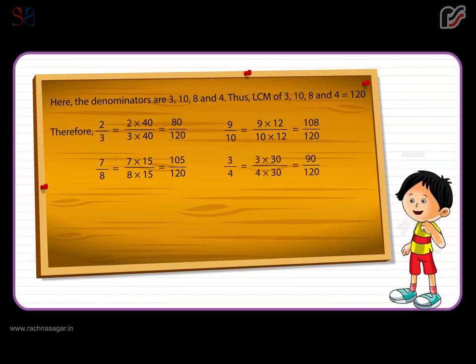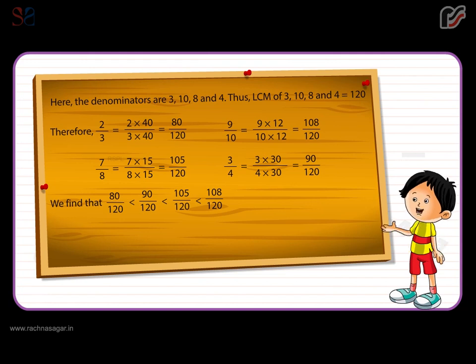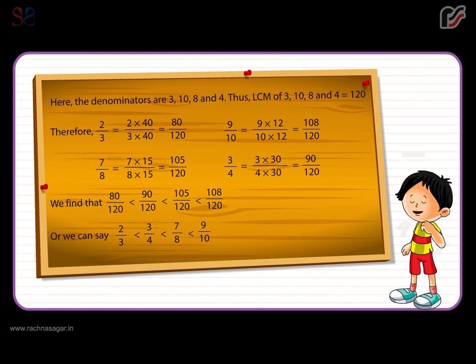And 3 by 4 is equal to 3 into 30 divided by 4 into 30 is equal to 90 by 120. We find that 80 by 120 is less than 90 by 120 is less than 105 by 120 is less than 108 by 120. Or we can say 2 by 3 is less than 3 by 4 is less than 7 by 8 is less than 9 by 10.